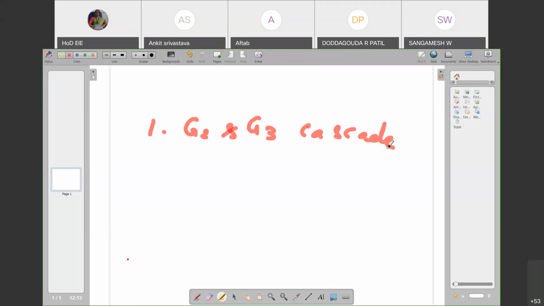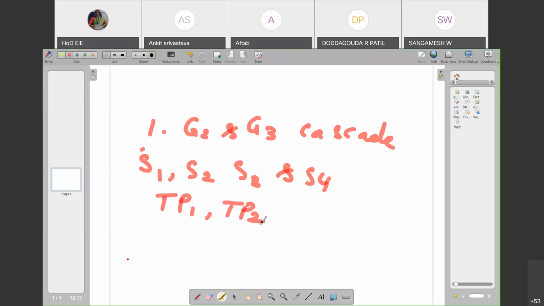Fine. And you have 2 takeoff points, correct? One takeoff point is after S3, another takeoff point is after S4. Okay? That also I'm giving. Getting it?